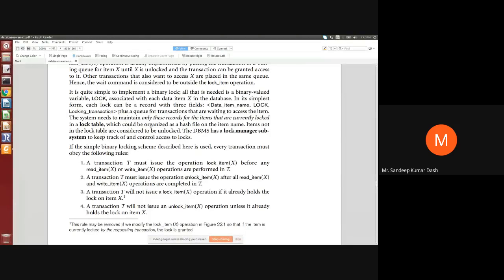Either you unlock or you lock. There is read and write only.